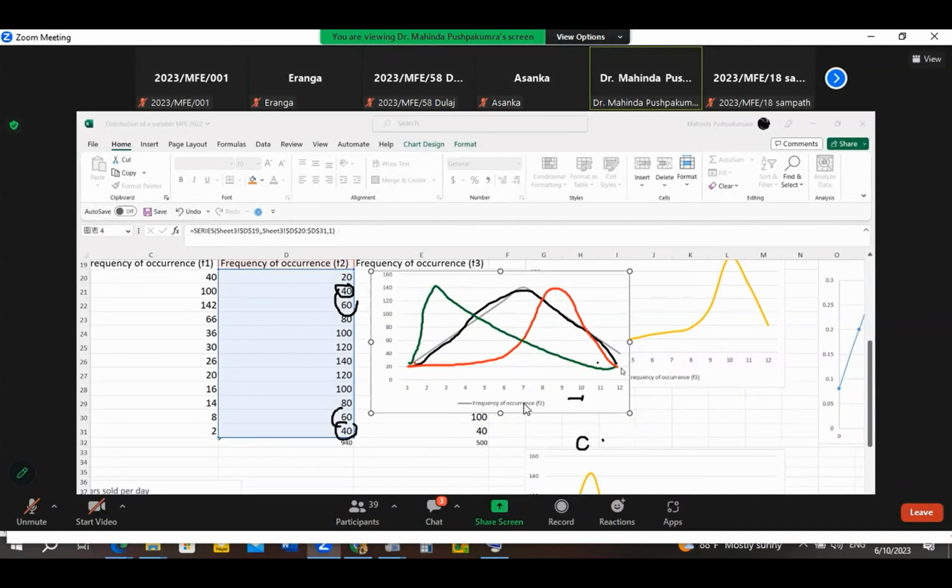Okay, these are the 3 different shapes of distributions. Then this is the graphical presentation. Then we have some measures or indicators to identify the shape of the distribution. Then we will move to our PowerPoint presentation. If you have any doubt up to this point, you can raise it.